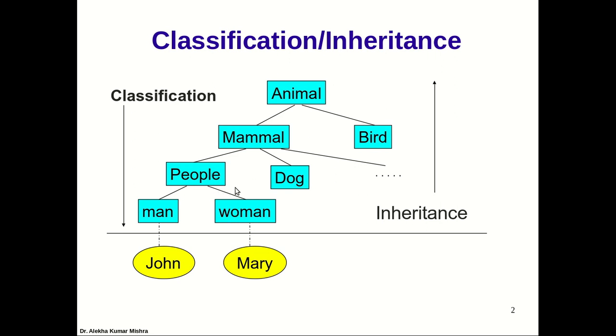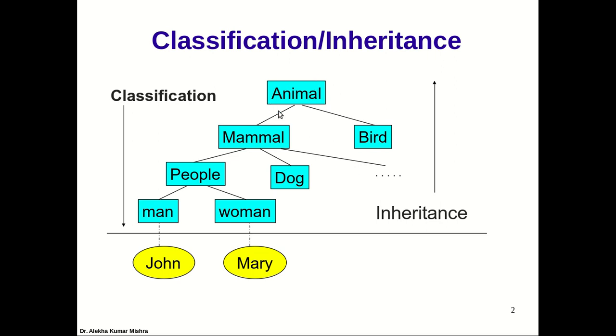So inheritance says that man and woman are inherited from the class people. Similarly, people and dog are inherited from a more generalized class, that is mammal. Similarly, mammal and bird are inherited from a more generic class, animal.